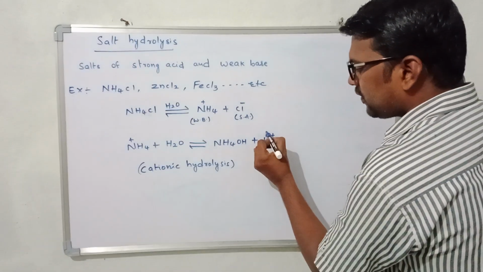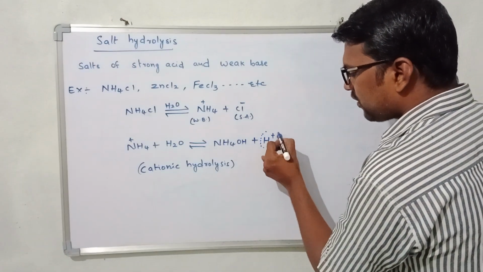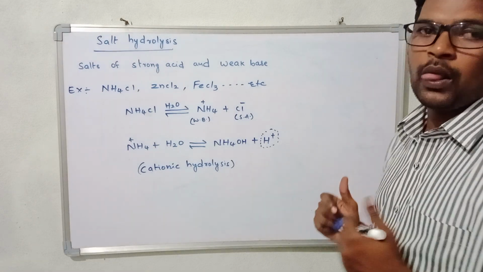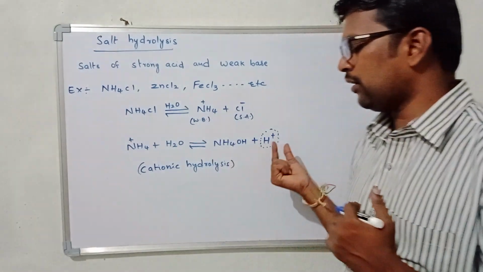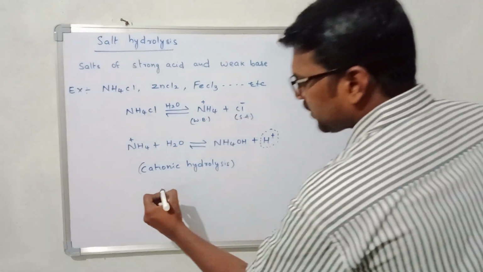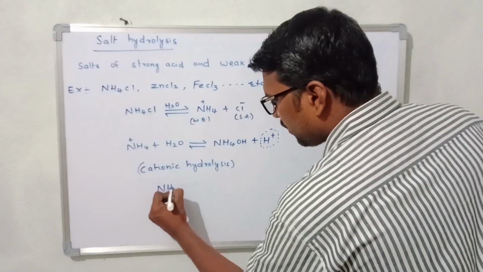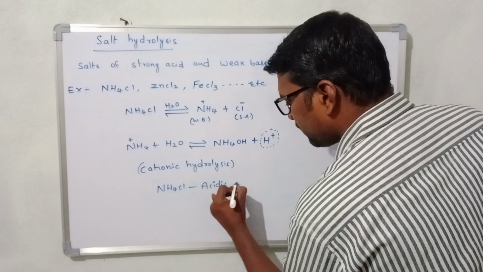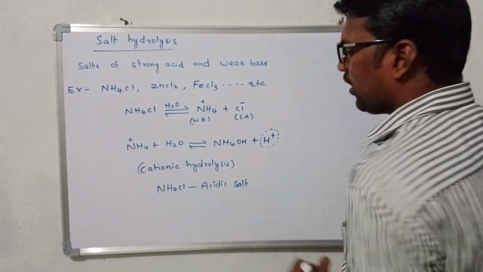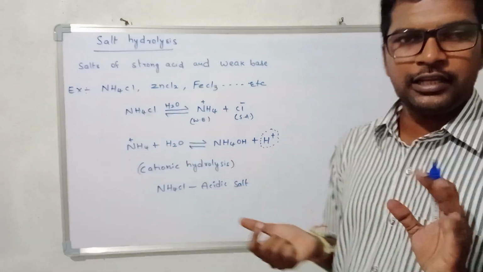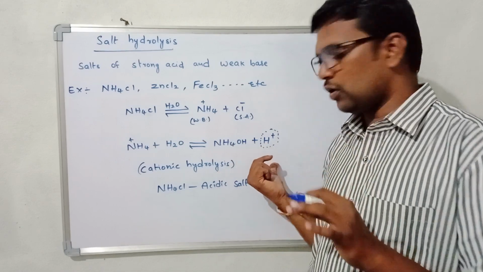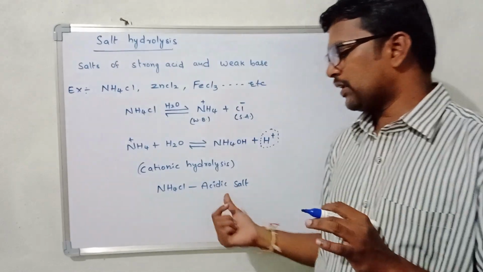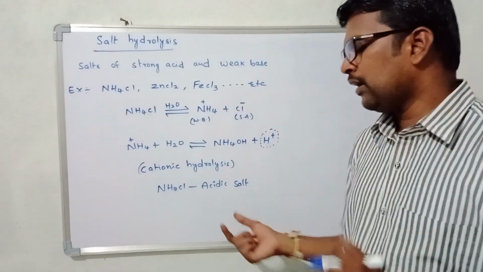After hydrolysis, you can see H+ ions are present. Within the solution, more H+ ions are present. Due to the presence of these H+ ions, the salt has acidic nature. That's why it is an example of an acidic salt, because on hydrolysis H+ ions remain present in the solution. That's why NH4Cl acts as an acidic salt.